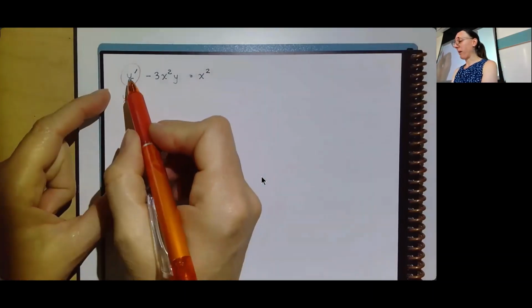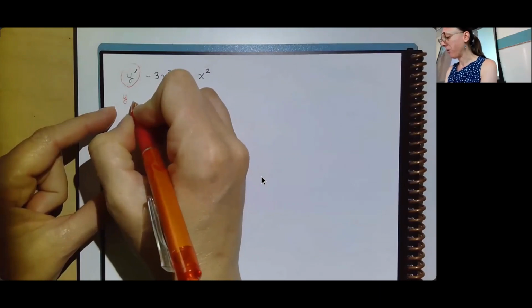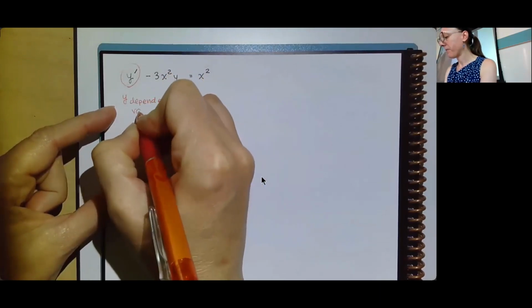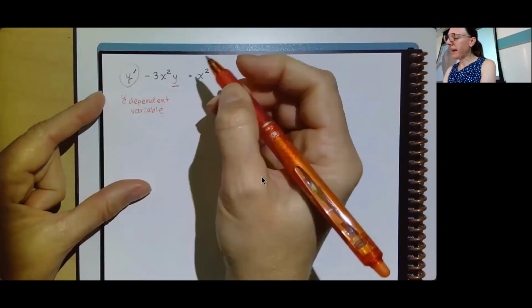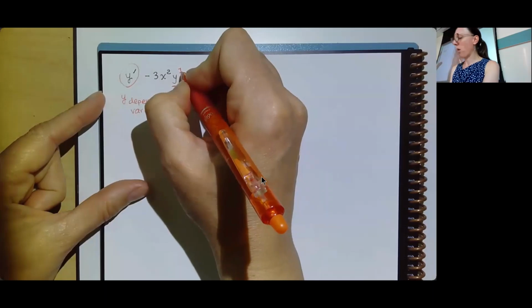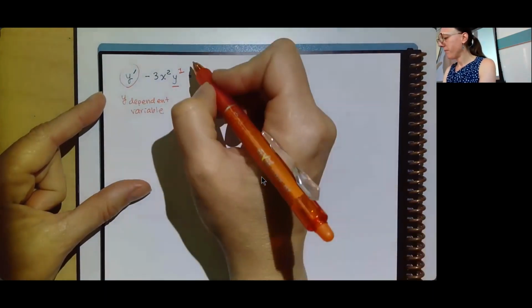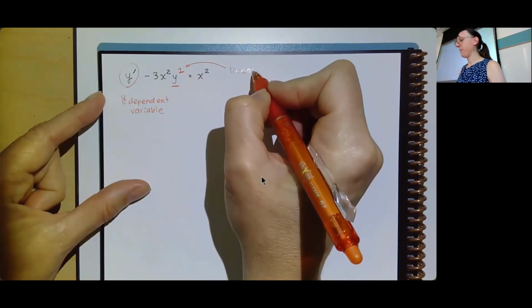So I know that my variable of interest here is y. That's my dependent variable. And so anywhere else it shows up, it has to have an exponent of 1. That's what makes it linear.